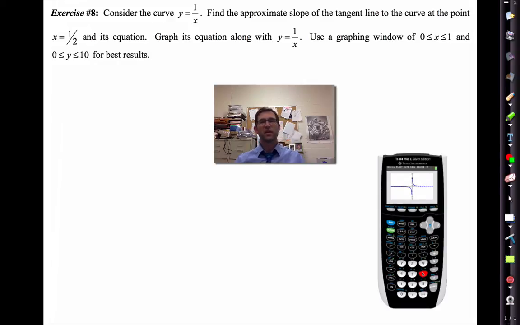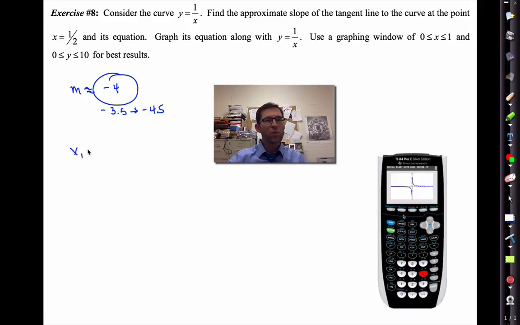All right, let's talk about it. Now this slope is actually our largest slope of the day, and what you should have found is a slope that was approximately -4. Again, how close? I don't know, -3.5 to -4.5, but this is the exact slope, all right?